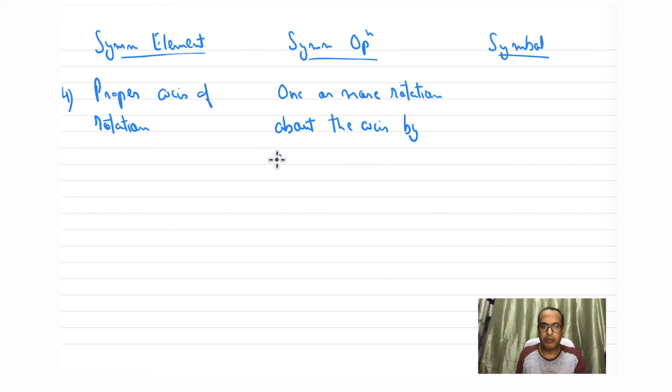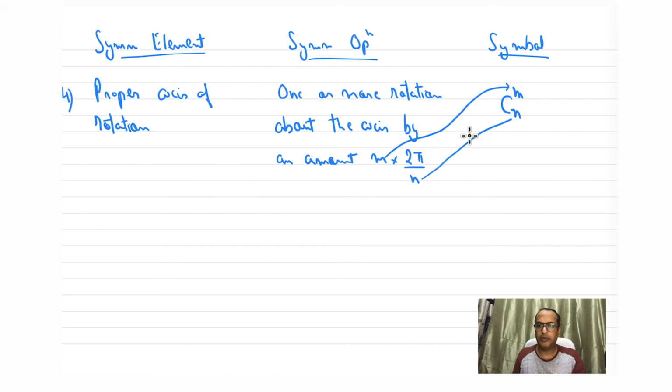You can also say by an amount m into 2 pi by n. We'll see what m and n are in more detail. And the typical symbol is C n to the power m. So n is this n, 2 pi by n, and this m goes over here, and this n goes over here.